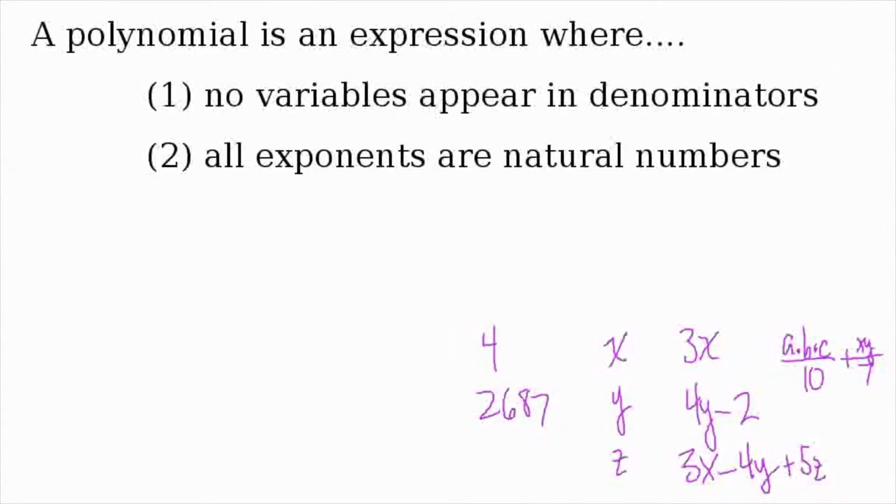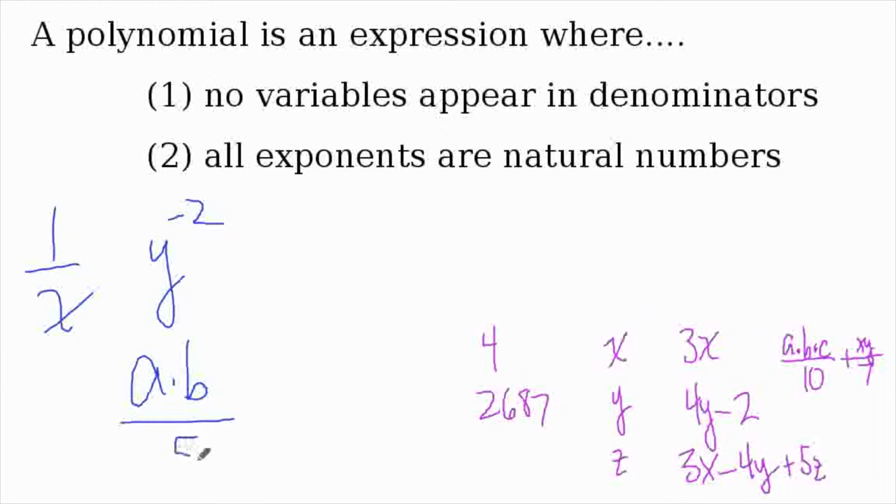So we'll do these in blue. 1 over x doesn't get to join the polynomial club because you have a variable downstairs. y to the minus 2 is no good because you have a negative exponent. a plus b divided by 5k was good until we put the k in there.